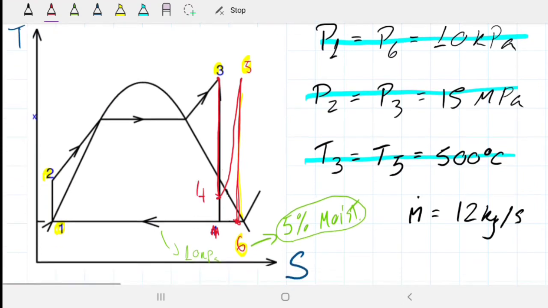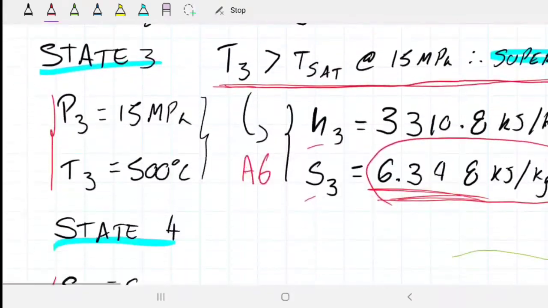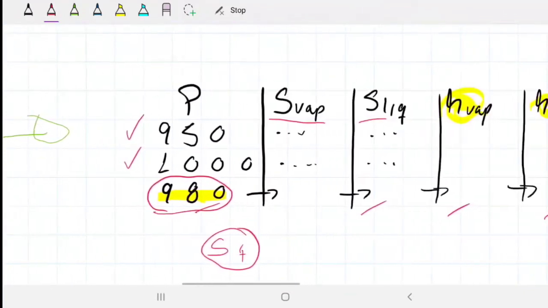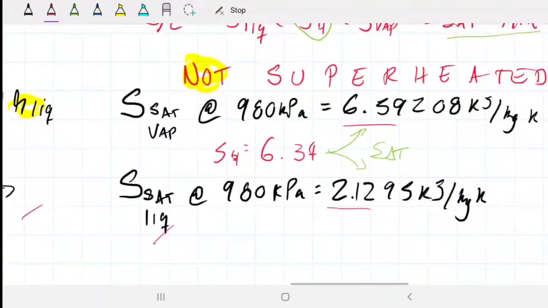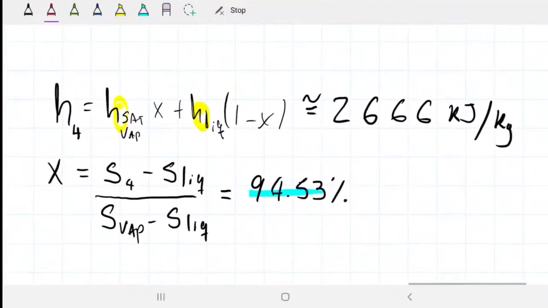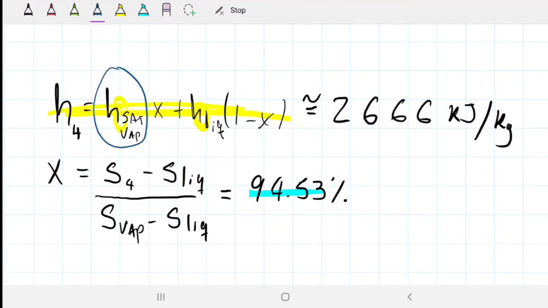Okay, so let's finish off state 4 and find the enthalpy for it. If it's a mixture, we know the enthalpy is going to be a combination of both saturated liquid and vapor. We know it's going to be an equation like so, and we just grab this off the interpolation, and this as well for 980.